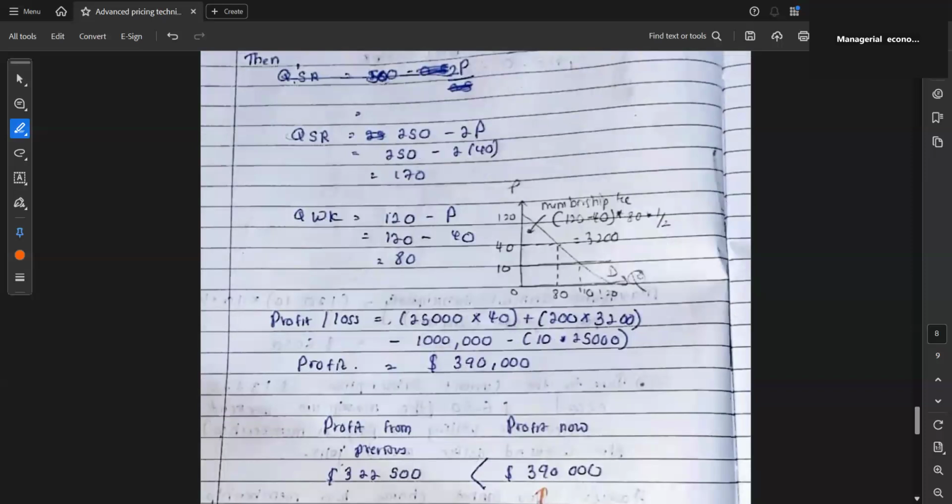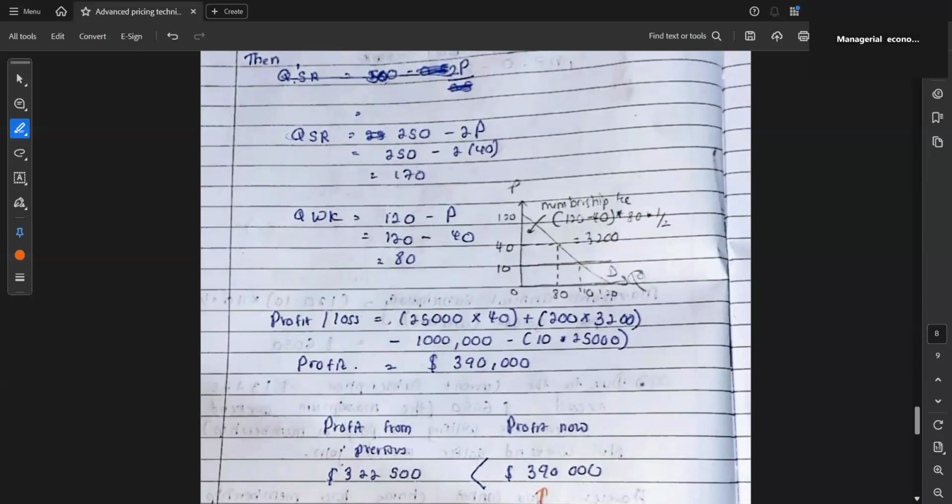However, they are paying a higher constant usage fee. So in this manner, Northwell Golf Club has the ability to earn a profit of $390,000.